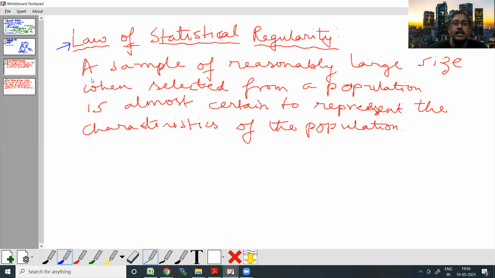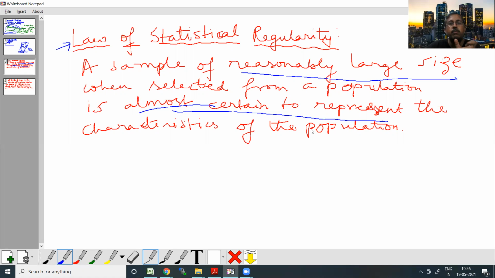What does it say? It says that a sample of reasonably large size, this is a very important point, when selected from a population, obviously in a random fashion, is almost certain to represent the characteristics of the population.